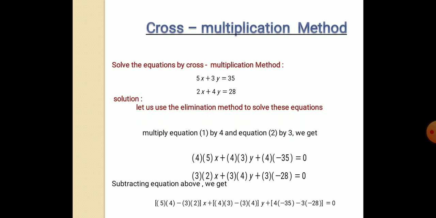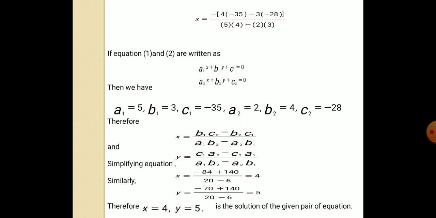Subtracting the equations, we get x equal to minus [4 into minus 35 minus 3 into minus 28] by [5 into 4 minus 2 into 3].